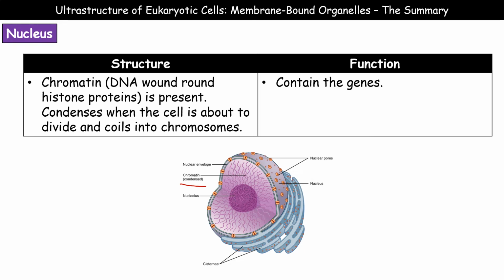The chromatin will only be condensed into those very clear chromosome structures when the cell is in the process of dividing. Other than that, it's not condensed. Key function of our chromatin, that's where the genes are. So that's where we get the genes for all the different characteristics of our animal.